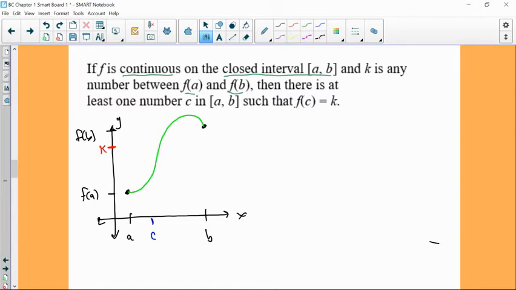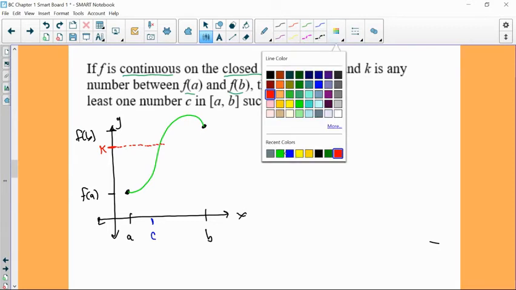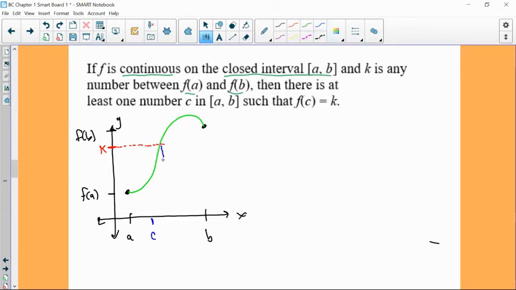Then there's got to be some point. If I think about going across here, there's some point where I find that the y value corresponds with some x value down here, and that x value happens to lie in between a and b.